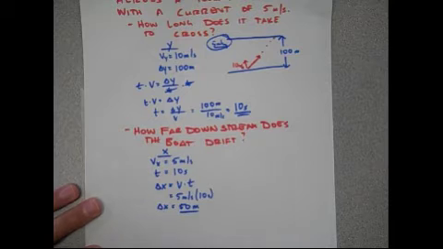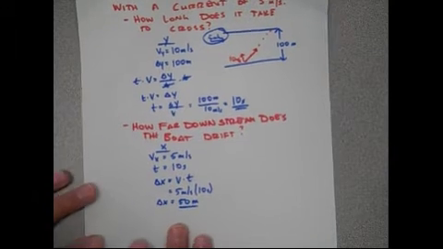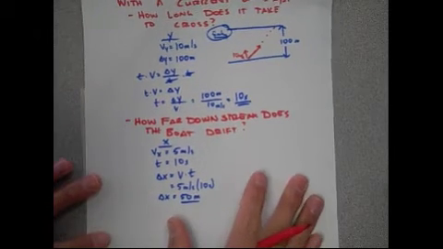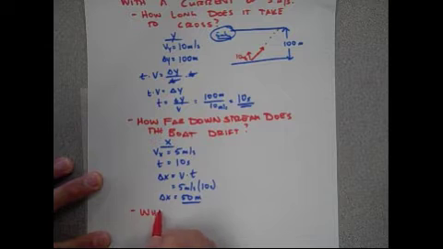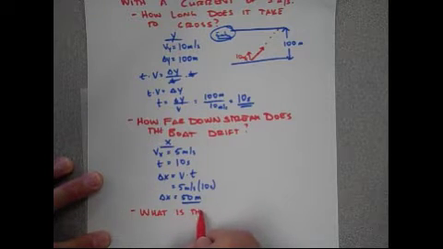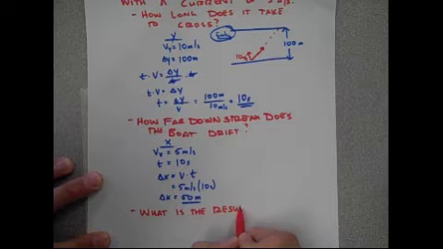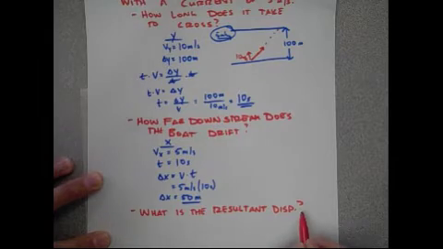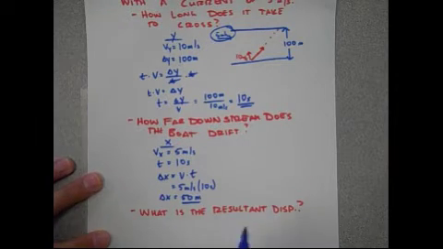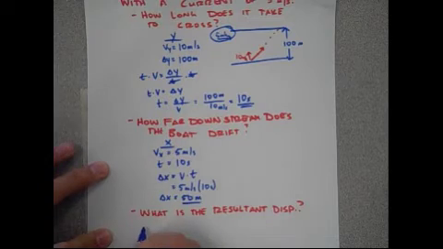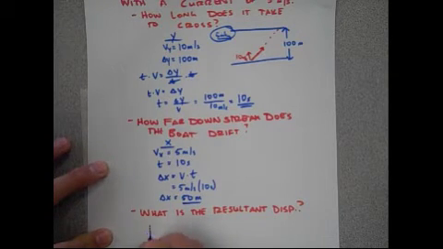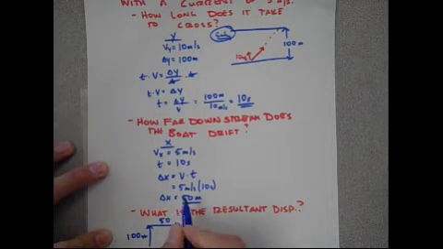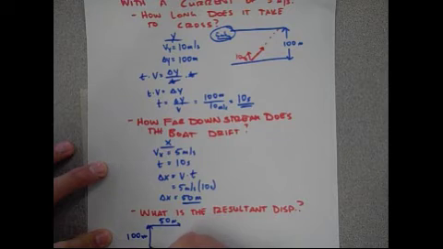Okay? Now, that leads us to another question, which is: what is the resultant displacement? I want to find out how far he went total. Well, we went obviously the 100 meters across the stream, and now we want to know about the 50 meters in this direction.